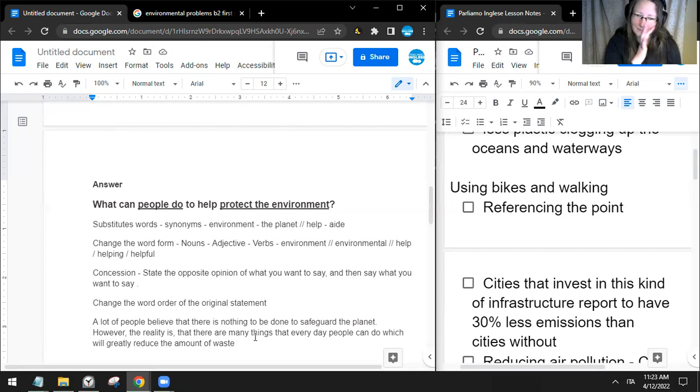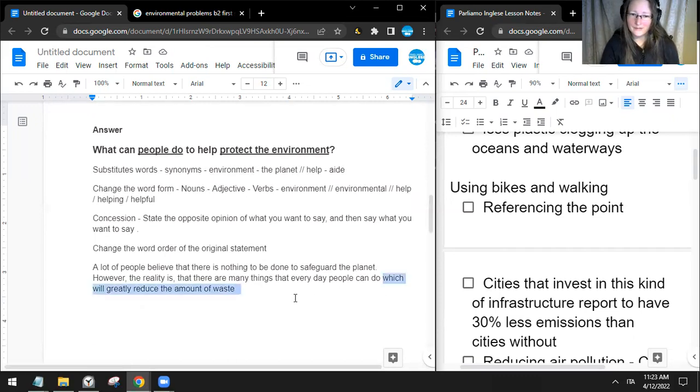However, the reality is that there are many things everyday people can do, such as recycling, using alternative forms of transportation, and reusing fashion. Maybe we'll get rid of this.